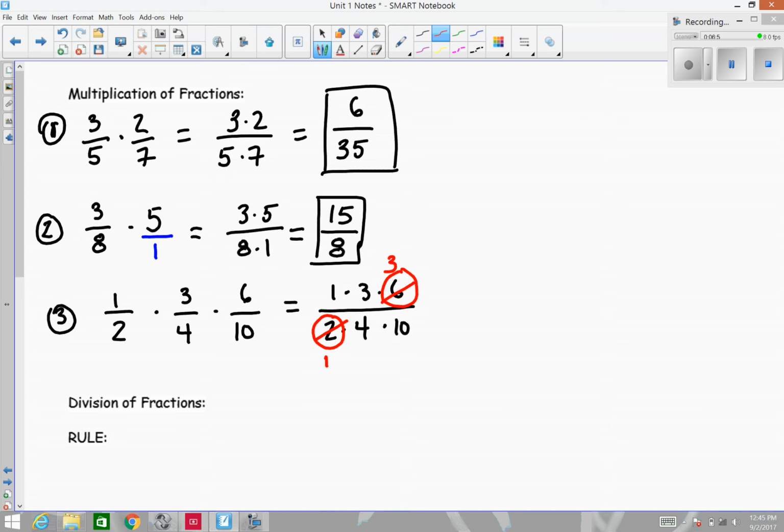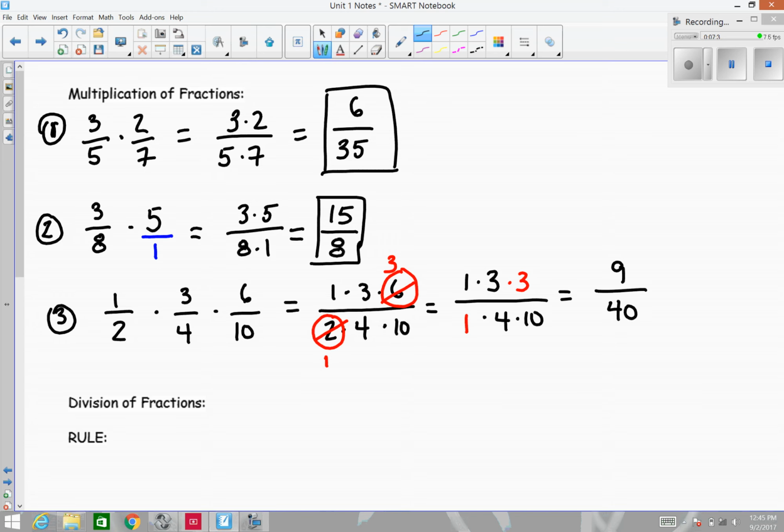So now what I have is a multiplication of my 1 times 3 times now a 3, and in the denominator I have, instead of 2, that was reduced to 1, and I'm multiplying that by the 4 and the 10. Don't see anything else that I can reduce or cancel out, so I'm going to go ahead now and multiply that out, and I'm going to get 1 times 3 times 3, which is 9, over 1 times 4 times 10, which is 40.